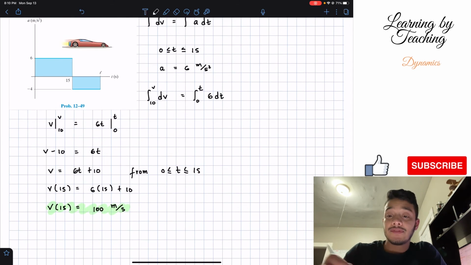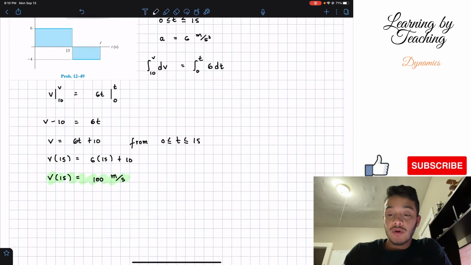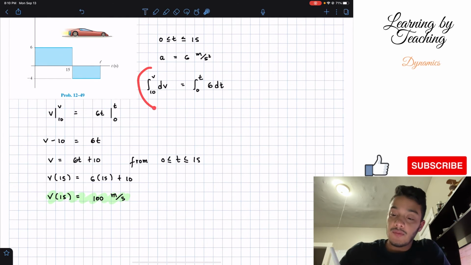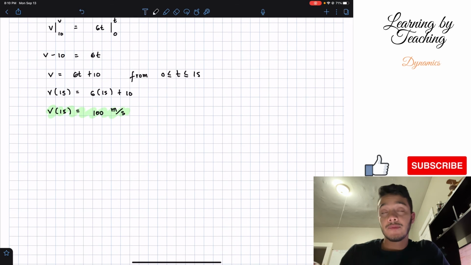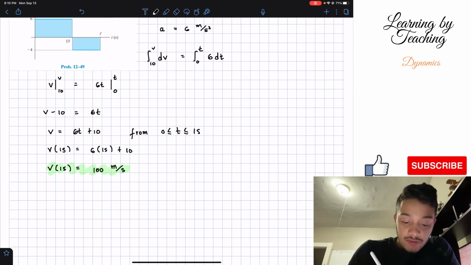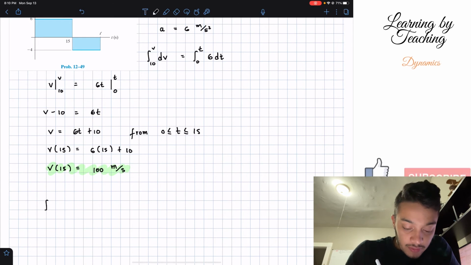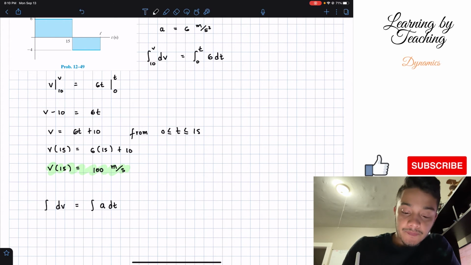The next thing that we have to look at is the t prime, when this car stops, okay? So what we need to do is the same process that we did in here, but for a different time, okay? Starting from 15 all the way to a t prime that we don't know yet. So if we do the same, we're going to do the integral of our change in velocity, which has to be equal to the integral of our acceleration multiplied by the change in time.